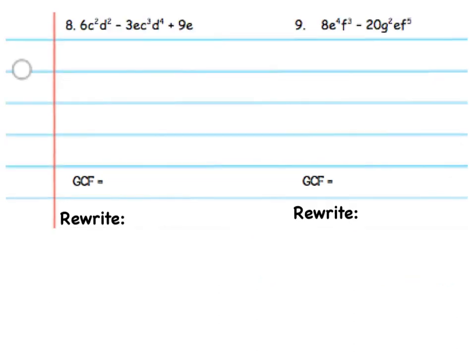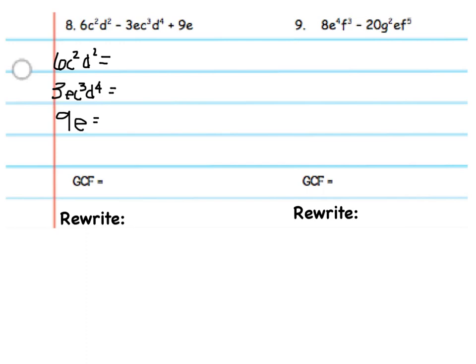Same concept again. Here we go. 6c squared d squared, 3e c cubed d to the 4th, and 9e.